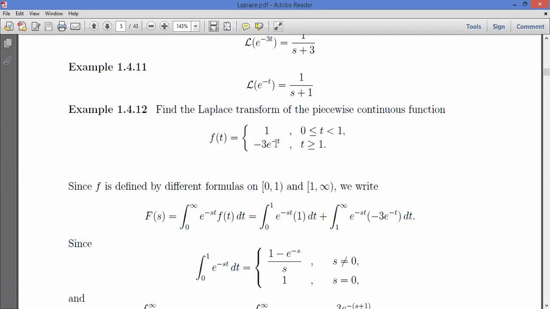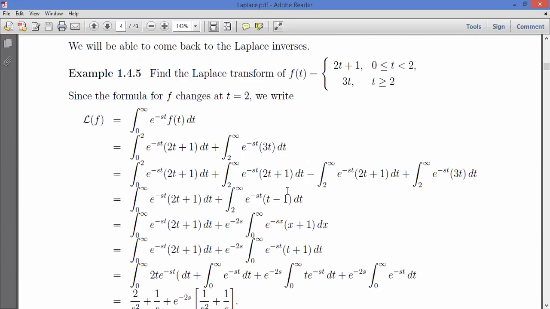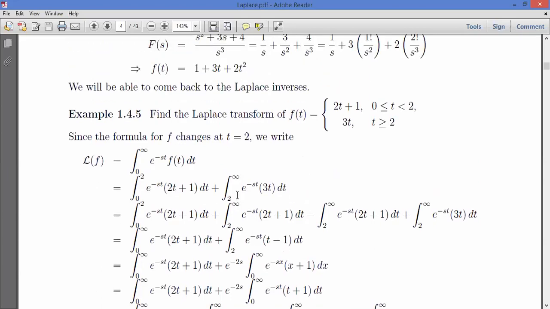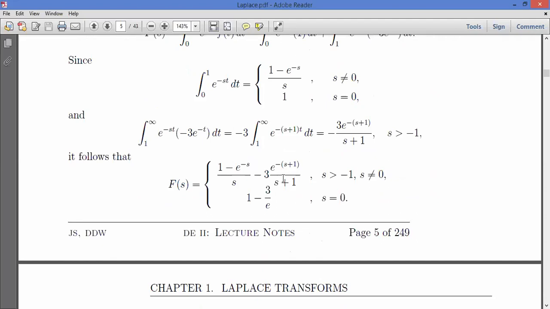If you don't want to use this approach, you can go back and use what we have discussed here, with respect to the definition. So you have two options and the answers must be the same.